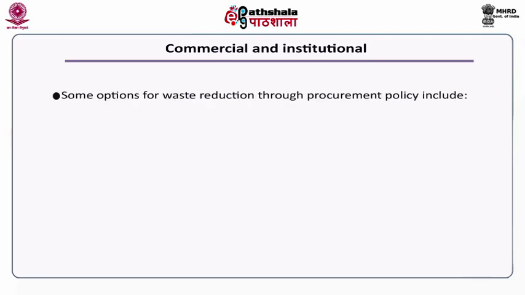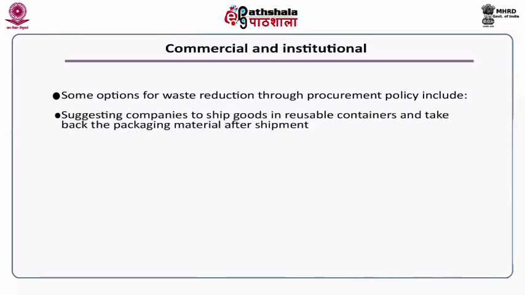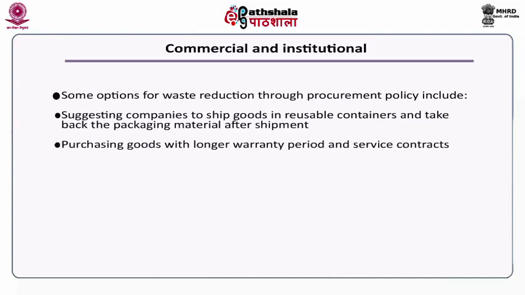refillable products. Some options for waste reduction through procurement policies are: you can suggest companies to ship goods in reusable containers and take back the packaging materials after shipment. Then you can suggest purchasing goods with longer warranty periods and service contracts.